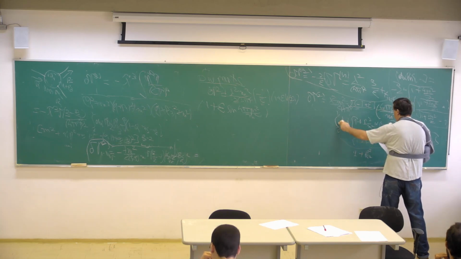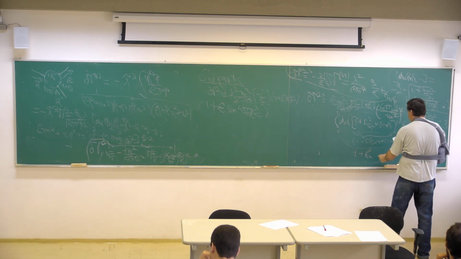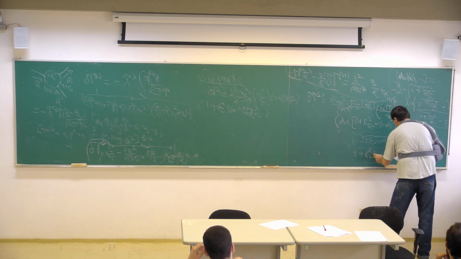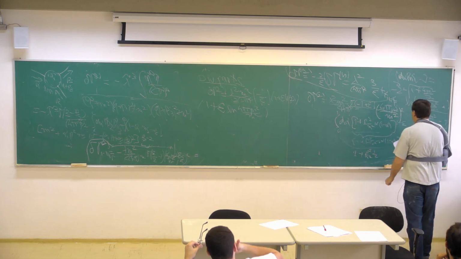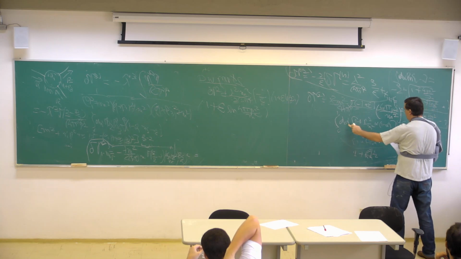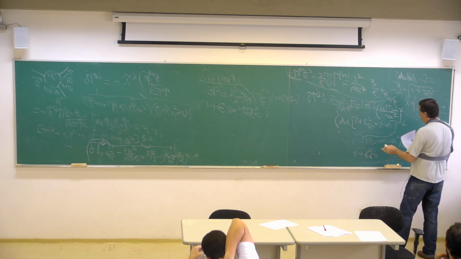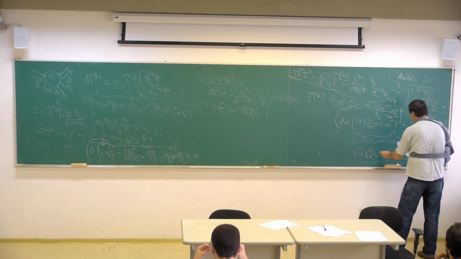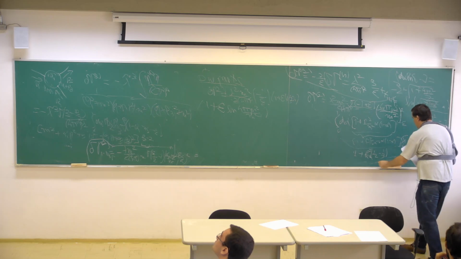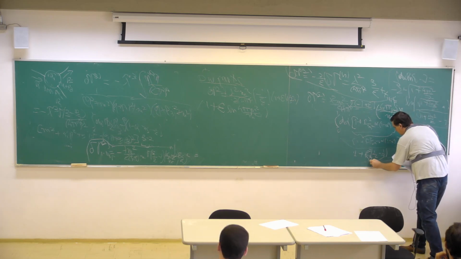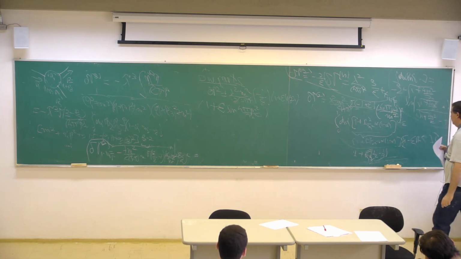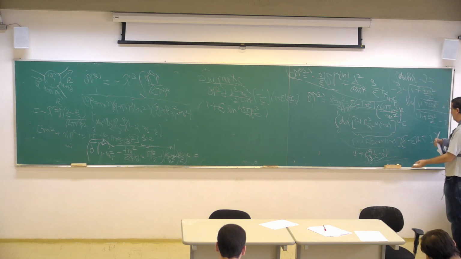Then I have integral of d alpha alpha, which is alpha squared over 2, so that's 1/2. But then I have minus alpha squared d alpha, so that's minus alpha cubed over 3, so minus 1 over 3. So this is 1 over 6, right? All right. So now the divergent part is calculated.